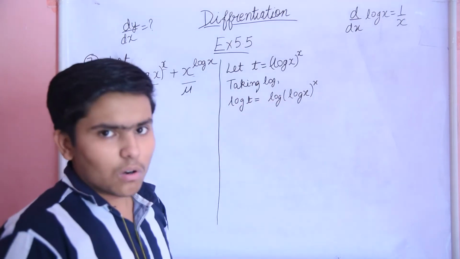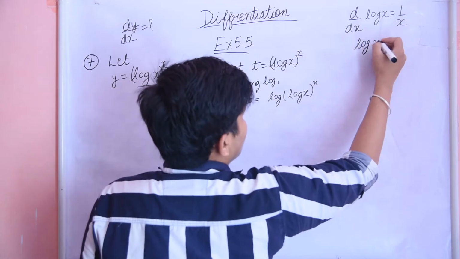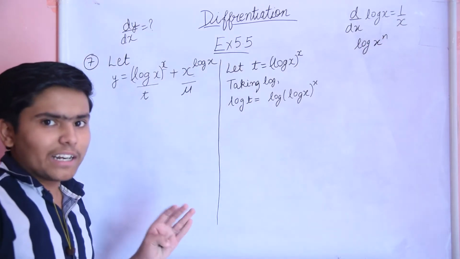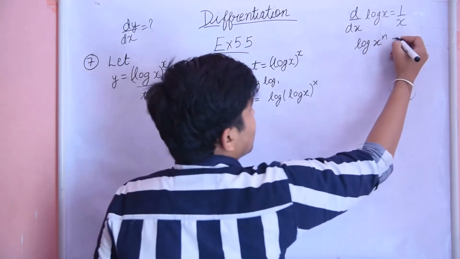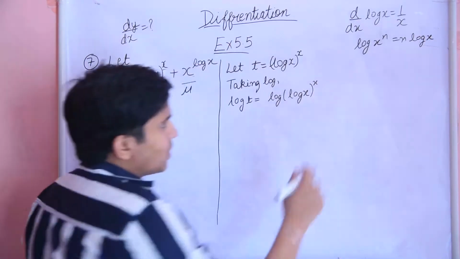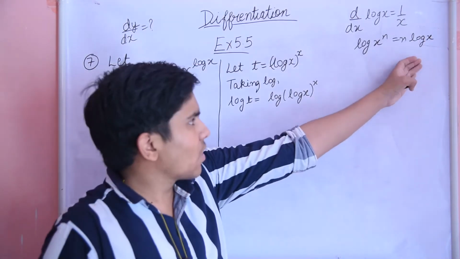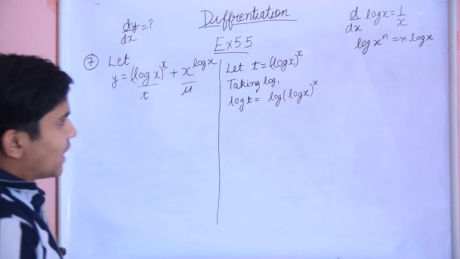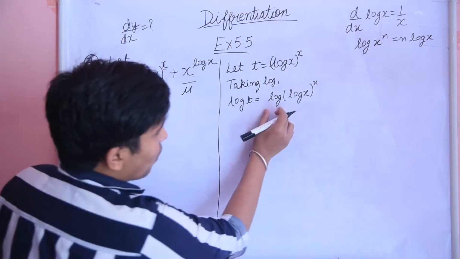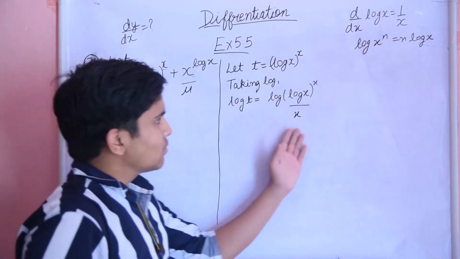And as you all know, any power raised on a logarithm function comes to the front and gets multiplied with the log, that is, log x^n is always equal to n log x. Here we have log of (log x), let this whole function be x raised to n.